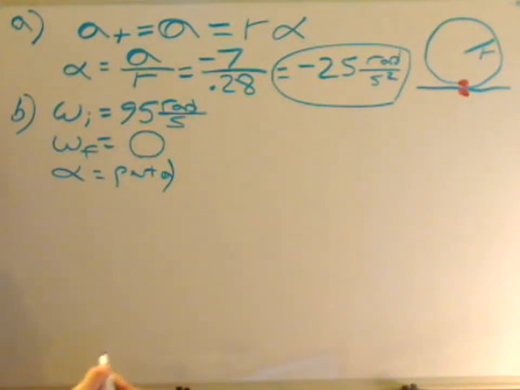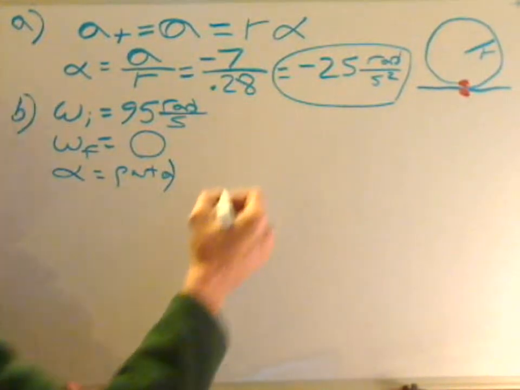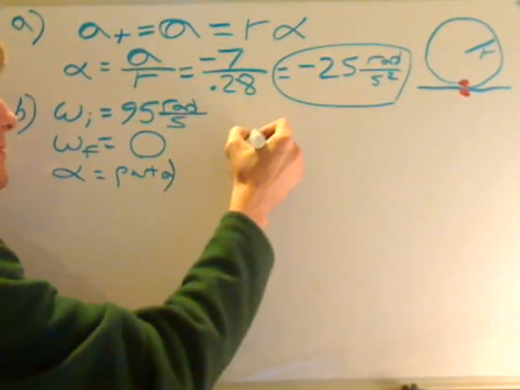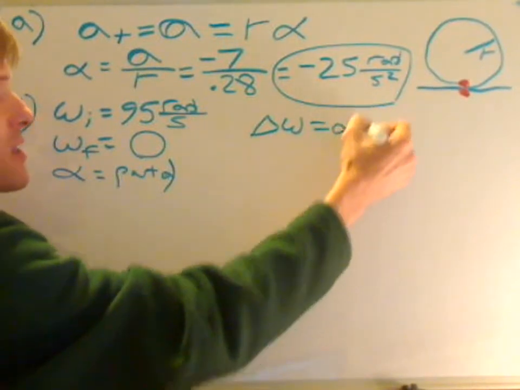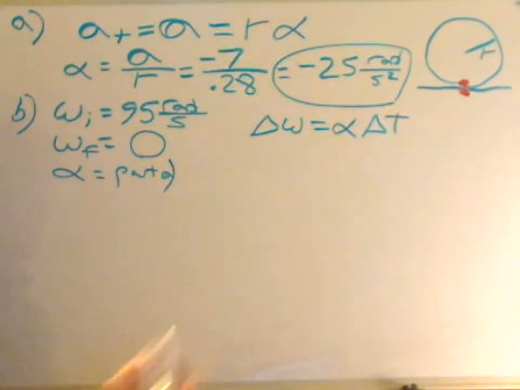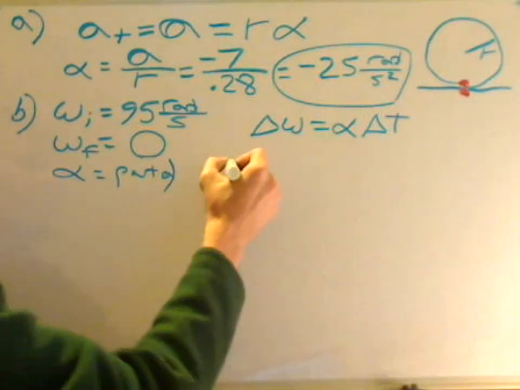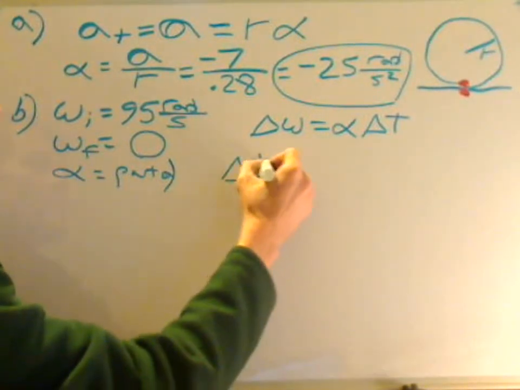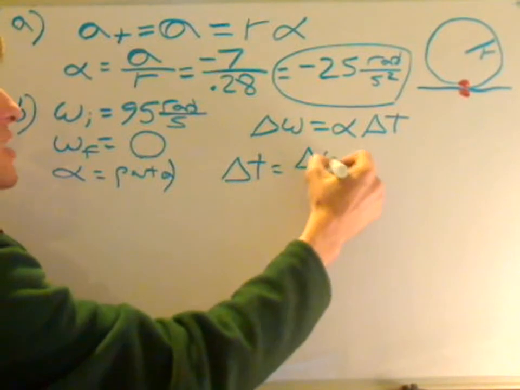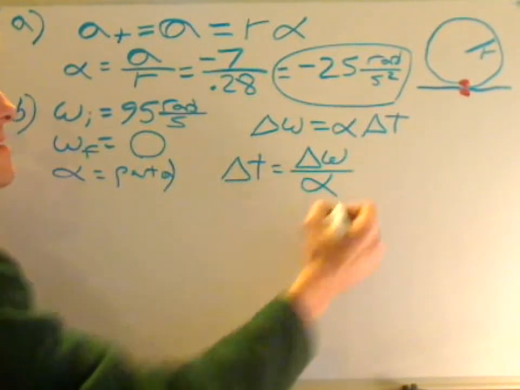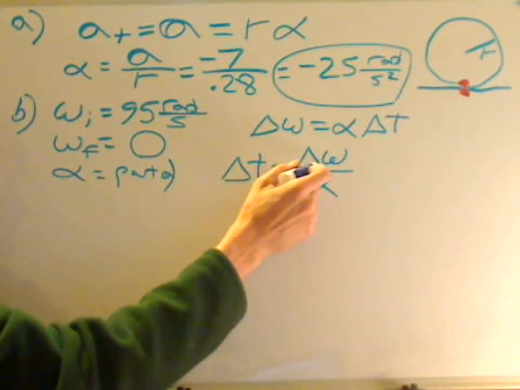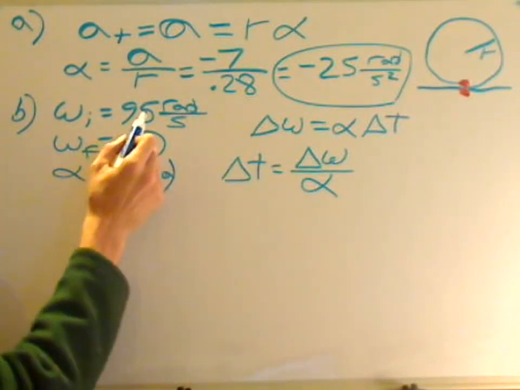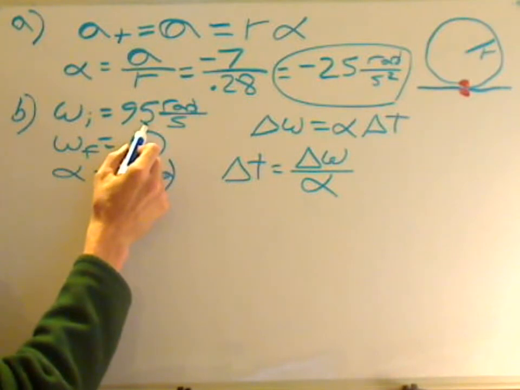So if that's the question, you want to go to our little list of kinematic equations, and the best one to use is this one. The change in angular velocity is angular acceleration times the elapsed time. So the elapsed time is the change in angular velocity divided by the angular acceleration. The change in angular velocity is the final minus initial angular velocity.